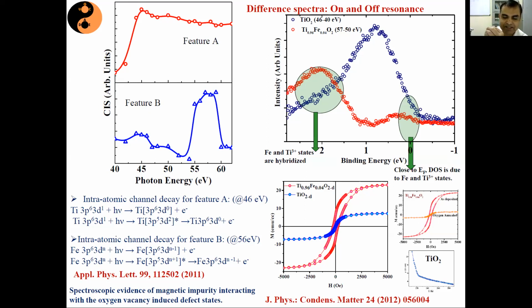Titanium 3 plus is the oxygen vacancy induced defect state. So this confirmed that in my system there is a coupling of the oxygen vacancy induced defect state with the magnetic impurity. In other words, at the Fermi level also, we had the contribution of the iron as well as titanium states. So that means our carriers are interacting with the magnetic impurities also.